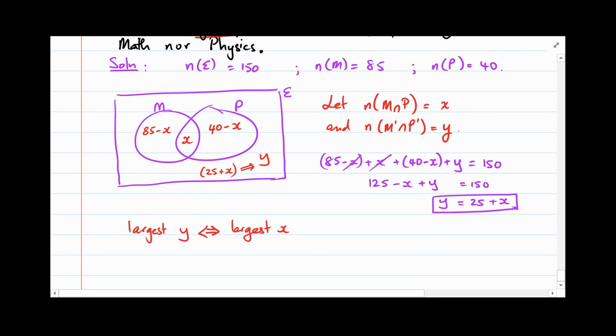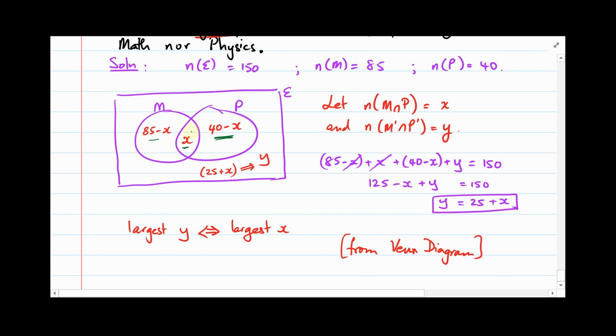All right. Now, looking at the Venn diagram, how do I get the largest value of x? Well, if I look at all 3 parts, in order to get the maximum value, I'd have to choose, is it 40 or 85?